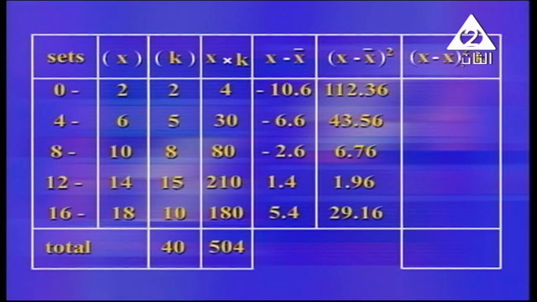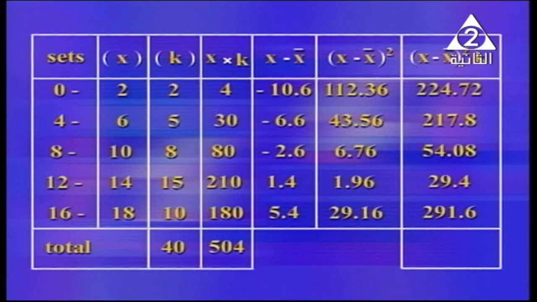The last step is x minus x bar all to the power of 2 multiplied by k. It means that the last column will be multiplied by k, which is the third column. So 2 times 112.36 will give 224.72. Then 5 times 43.56 to obtain a result of 217.8. Then 8 times 6.76 to obtain 54.08.